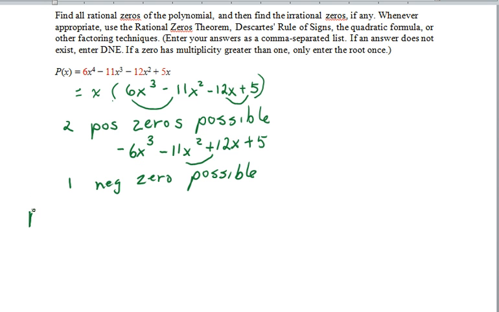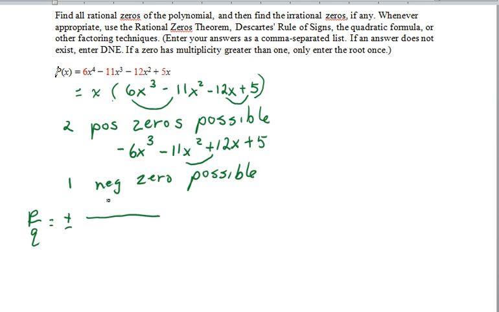So when we look at our rational zeros theorem, there's going to be positive and negative options here. And again, we're only looking at the trinomial. So the constant term is 5.